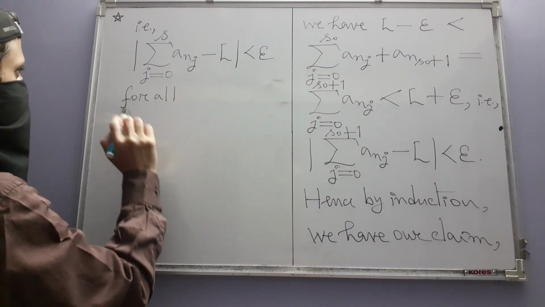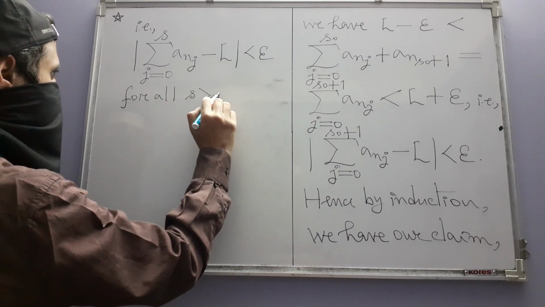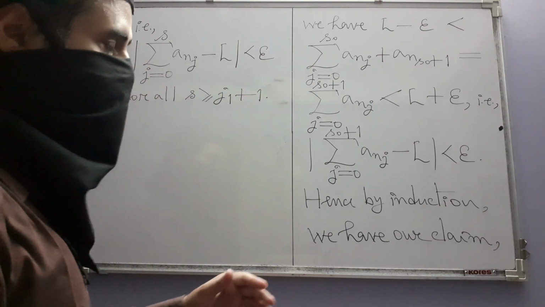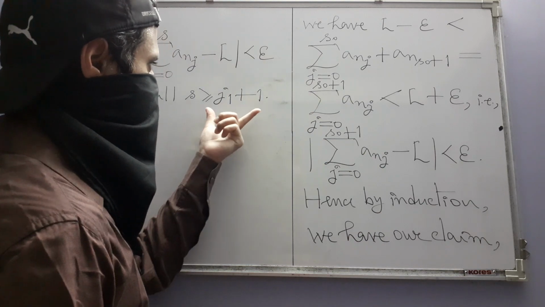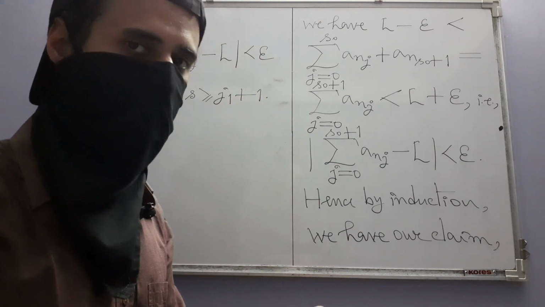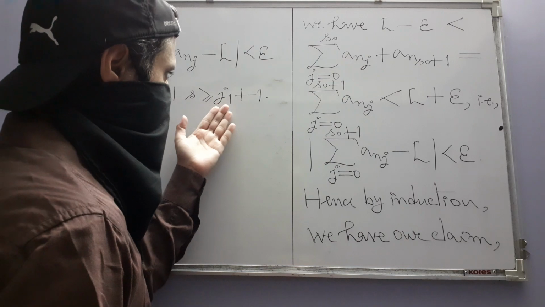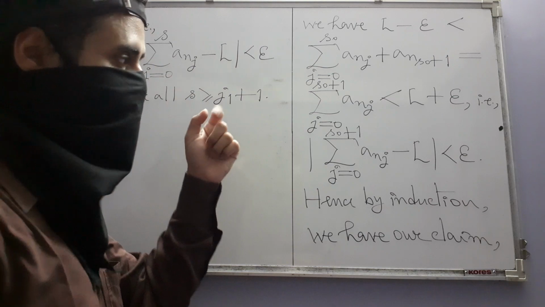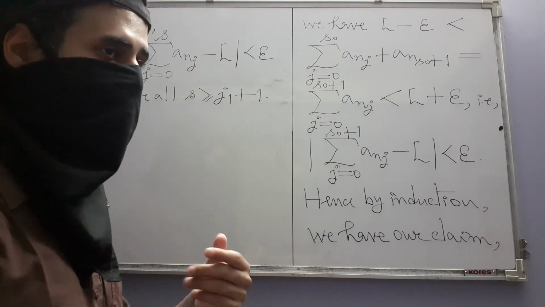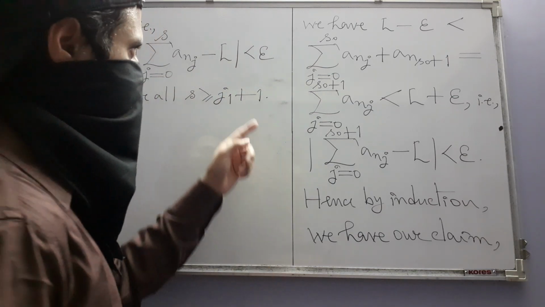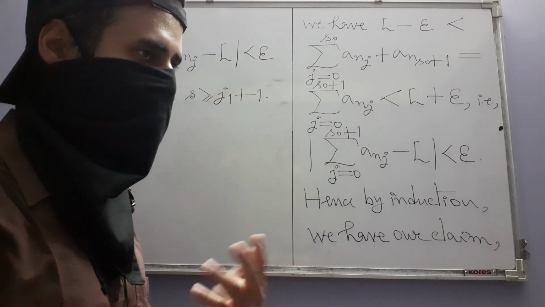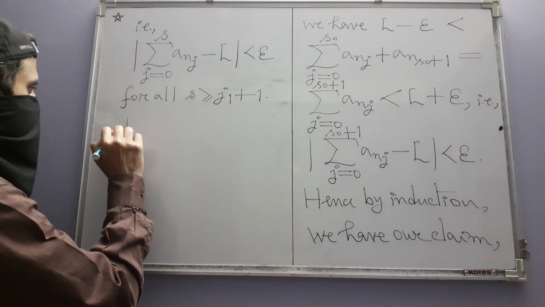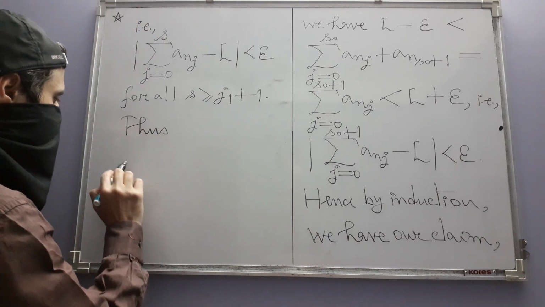For all S greater than or equal to this. That means for that given epsilon, we have found a stage J1 plus 1 such that from that stage onwards, the difference between such sum values and L, all those differences are numerically less than epsilon. So for each such epsilon, we can find one such stage where this happens. So that's why we have our limit.